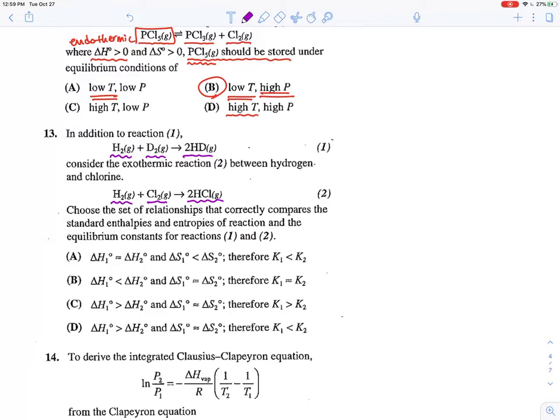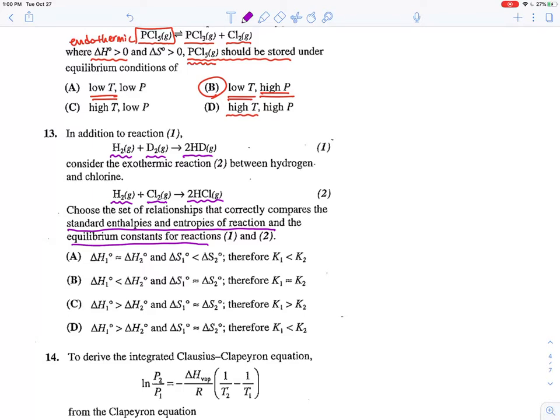Choose a set of relationships that correspond to the standard enthalpy and entropy of the reaction, and then the equilibrium constant for the reaction. If you look at the chemical differences in the first one, number one, there is not much difference.